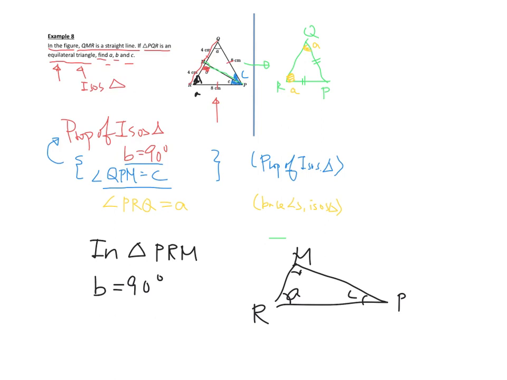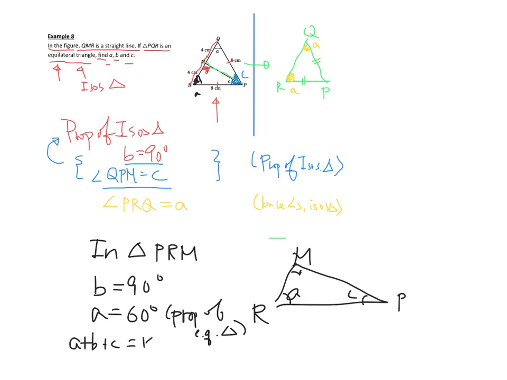Secondly, as the whole triangle PRQ is an equilateral triangle, actually A is equal to 60 degrees. This one is by the property of equilateral triangle. So lastly, you can see that in this triangle, we add A, B, and C together.